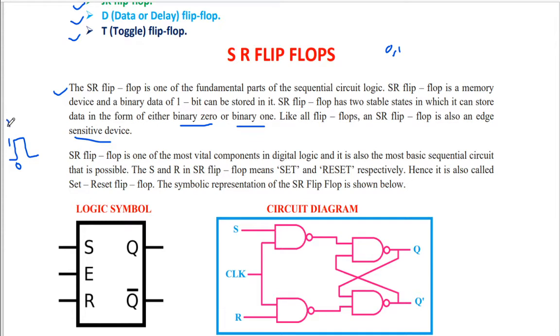We call it a positive edge triggered flip flop, as discussed previously. Or the data inside the flip flop may change whenever there is a change in the clock from high to low, and we call it a negative edge triggered flip flop.